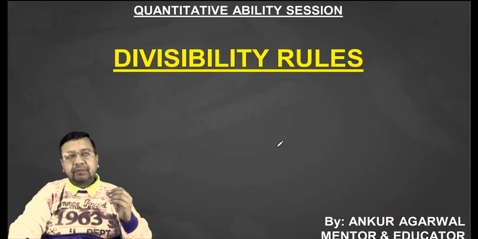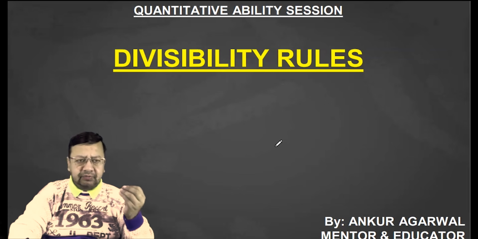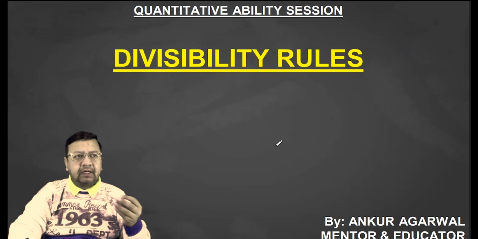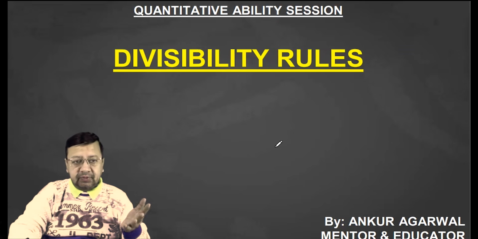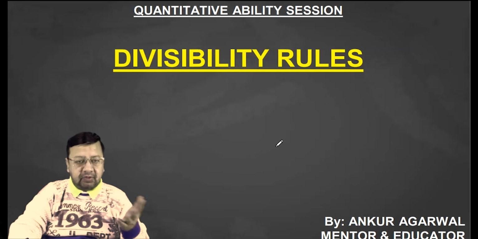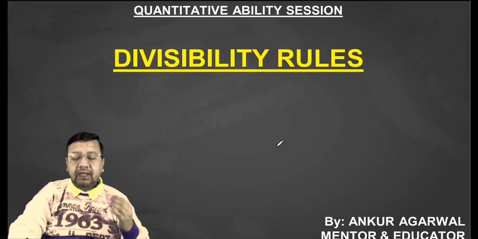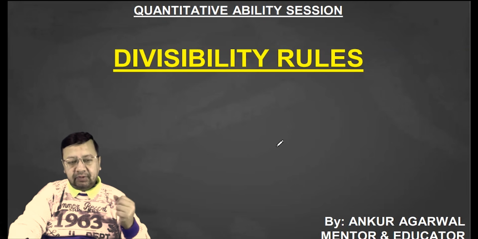Right. So suppose I give you some number, maybe of 3, 4, 5, 6 digits, and I ask you how will you check whether this number is divisible by maybe 2 or maybe 3, maybe 7. So there are some rules by which we can identify whether the numbers are divisible or not.